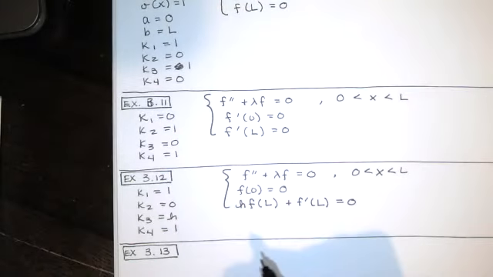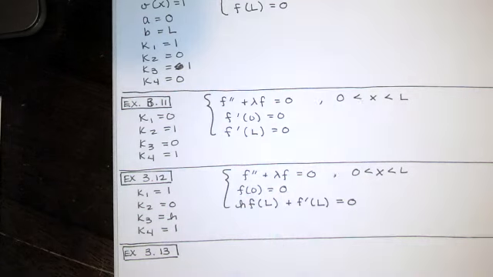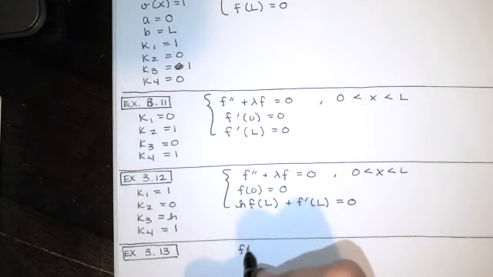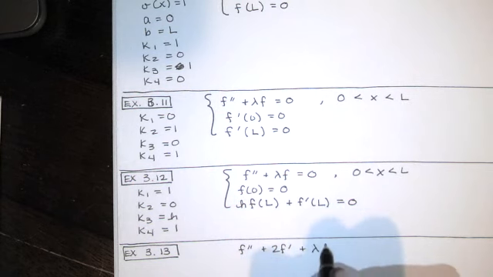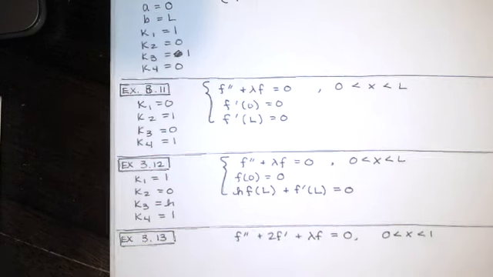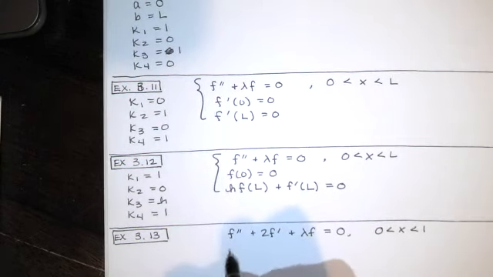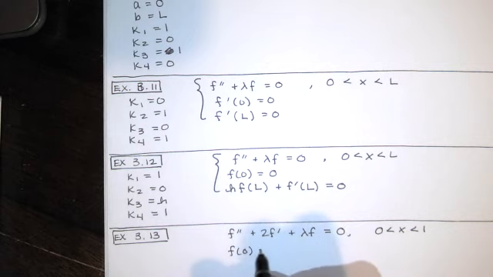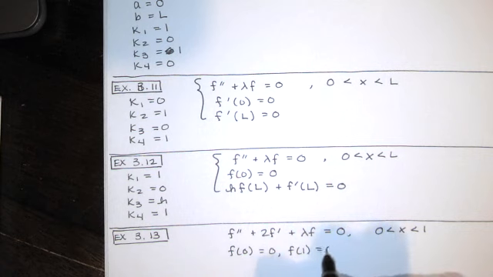That's like the next problem. So this is example 13.3. We've got f double prime plus 2 times f prime plus lambda times f is equal to 0. And we're interested in this particular Sturm-Liouville problem for x between 0 and 1. And we've got f of 0 equals 0 and f of 1 is equal to 0.